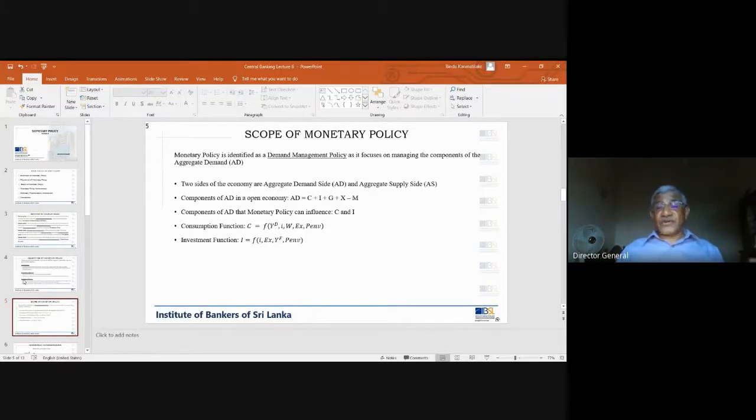Then we should know the distinction between what is aggregate demand, what is aggregate supply, and whether the central bank, through its monetary policy, is going to influence the aggregate demand side or the aggregate supply side. If the central bank has no control whatsoever on the supply side, but has significant control over the aggregate demand side, then we can say monetary policy is a demand management policy. Clear?